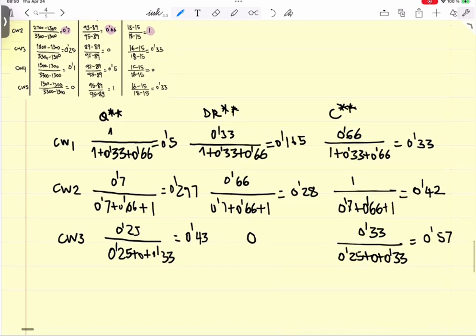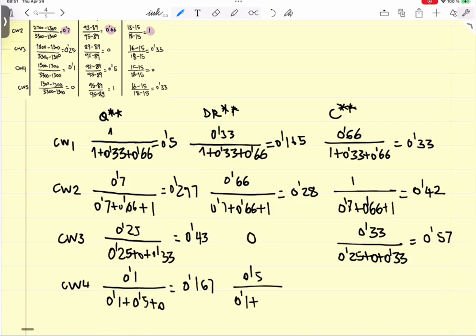Calendar week 4 equals 0.1 divided by 0.1 plus 0.5 plus 0 equal 0.167. Next, 0.5 divided by 0.1 plus 0.5 plus 0 equals 0.833. And the last one is 0.